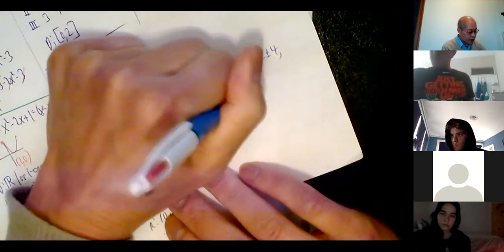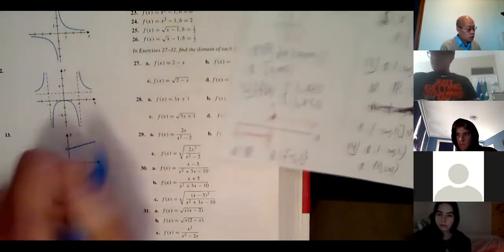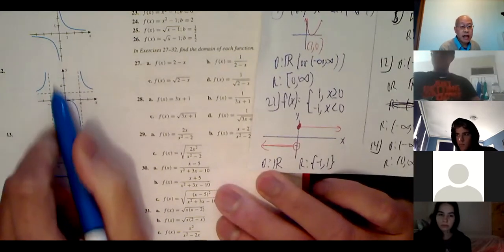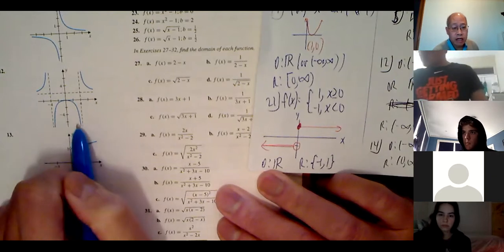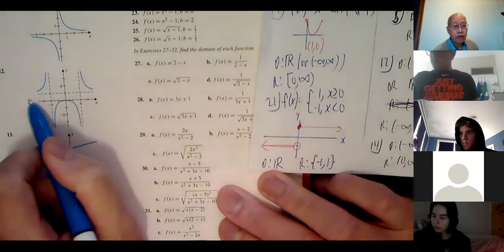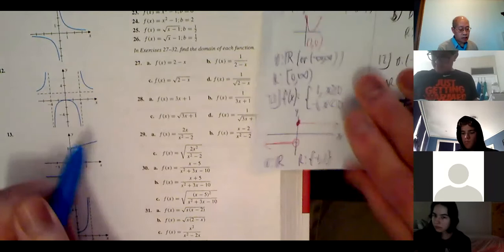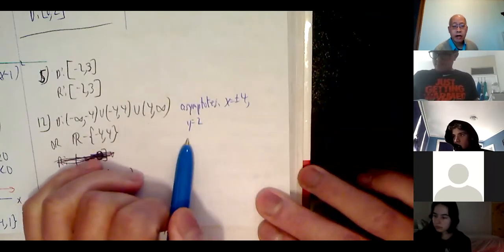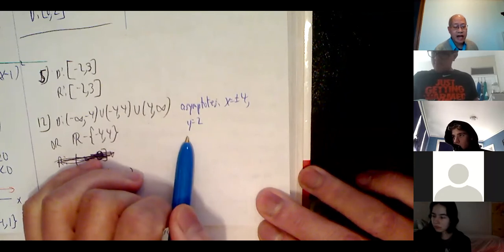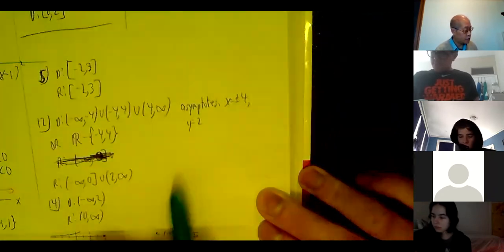We'll do a lot more with asymptotes later. So x equals -4, x equals +4, those are asymptotes. The curve gets really, really close to it. And y equals 2 is also an asymptote. It doesn't ask for that in the problem, but I just give it to you extra anyway.